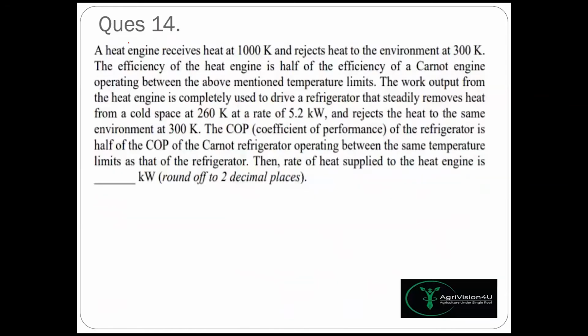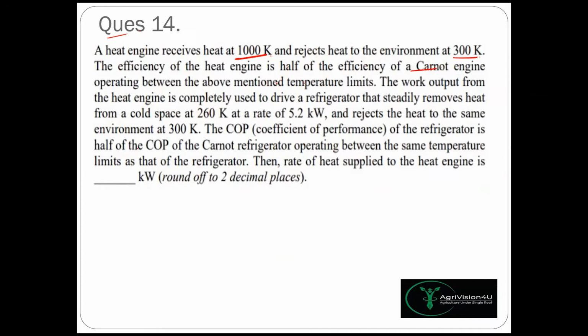Now, moving ahead, we are going to read question number 14. A heat engine receives heat at 1000 Kelvin and rejects to the environment at 300 Kelvin. The efficiency of the heat engine is half that of the Carnot engine operating between the above mentioned temperature limits.